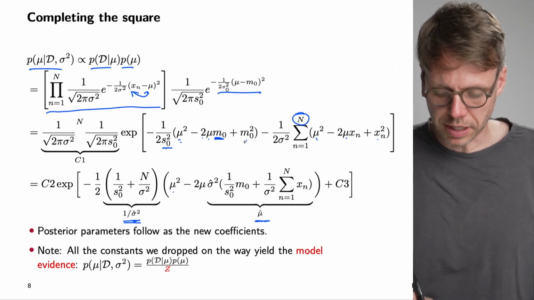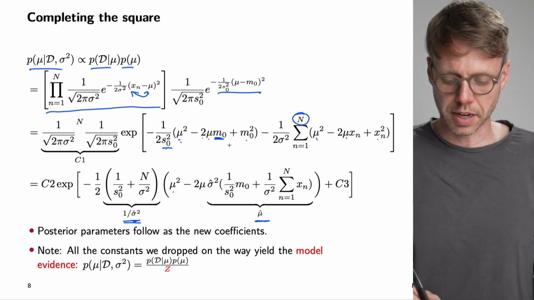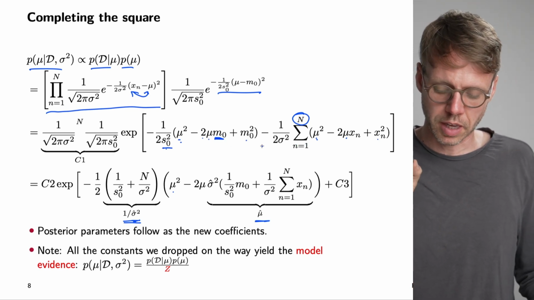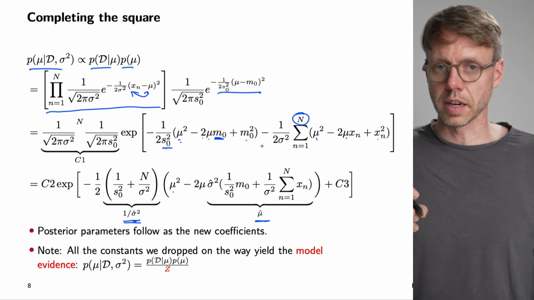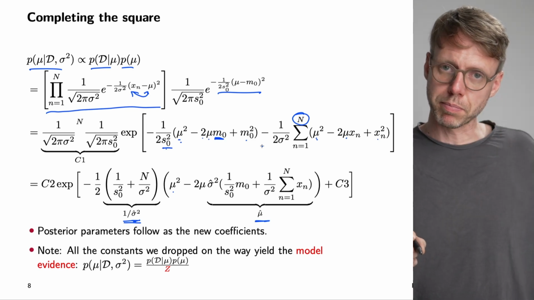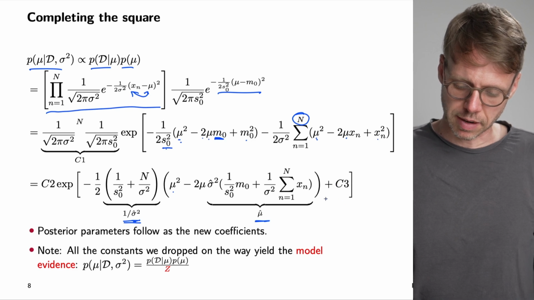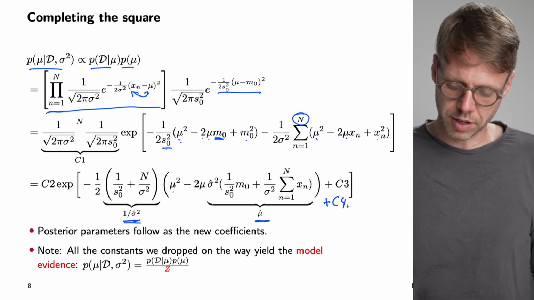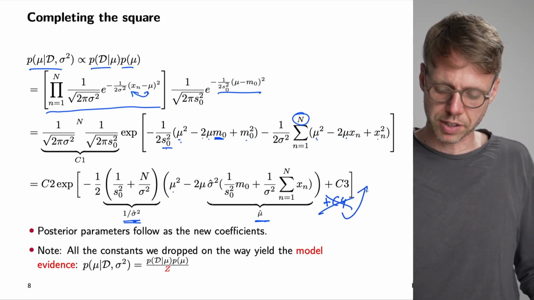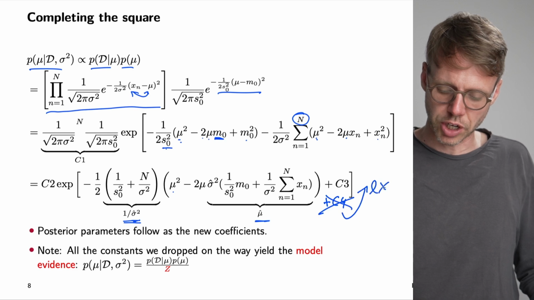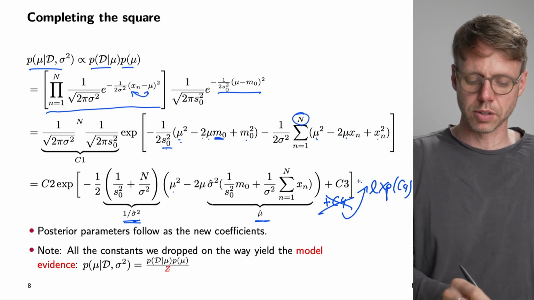Now, there will be some additive parts here that do not depend on mu. And additive constants in an exponential function can always be pulled out. So if we had, say, some plus C4, then we can always remove this C4 here and move it outside by exponentiating it and multiplying it to this whole term.